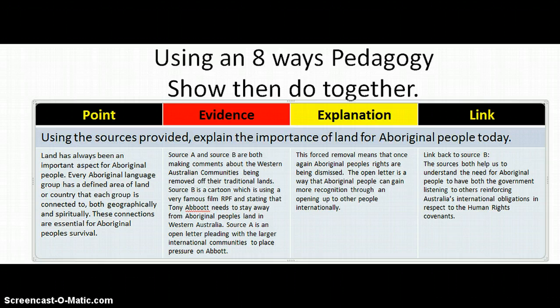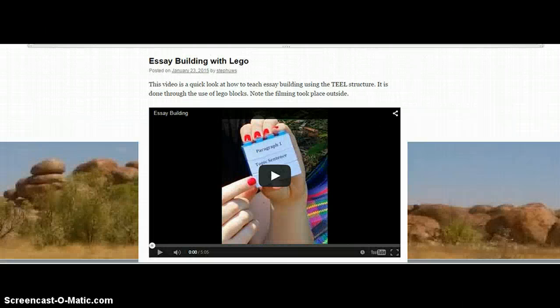So our big link is back to source B, and the sources both help us to understand the need for Aboriginal people to have both the government listening to others and reinforcing Australia's international obligations in respect to human rights covenants. So, if you've got all of those sorts of point, evidence, explanation and link, a student should receive a good mark in their HSC.